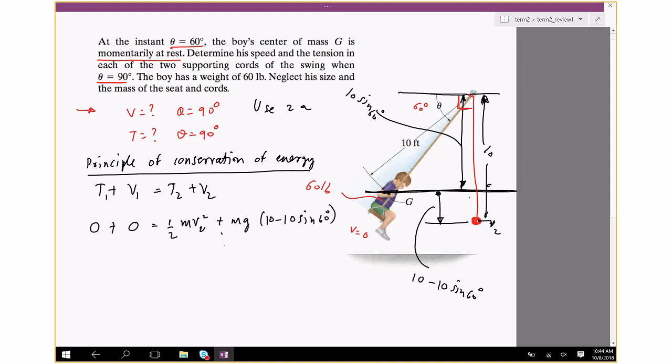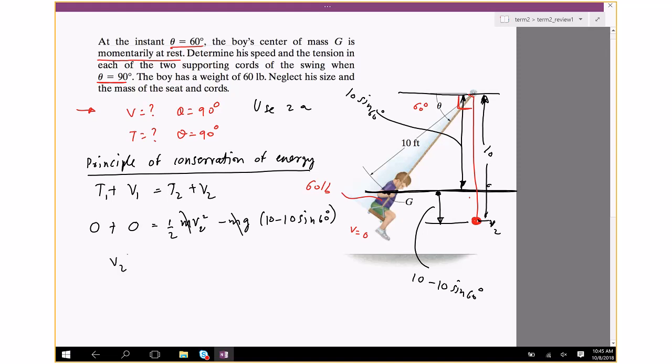And is the sign right on this? Is the potential positive or negative? Negative, so this is not right. It should be negative. So I can cancel m.